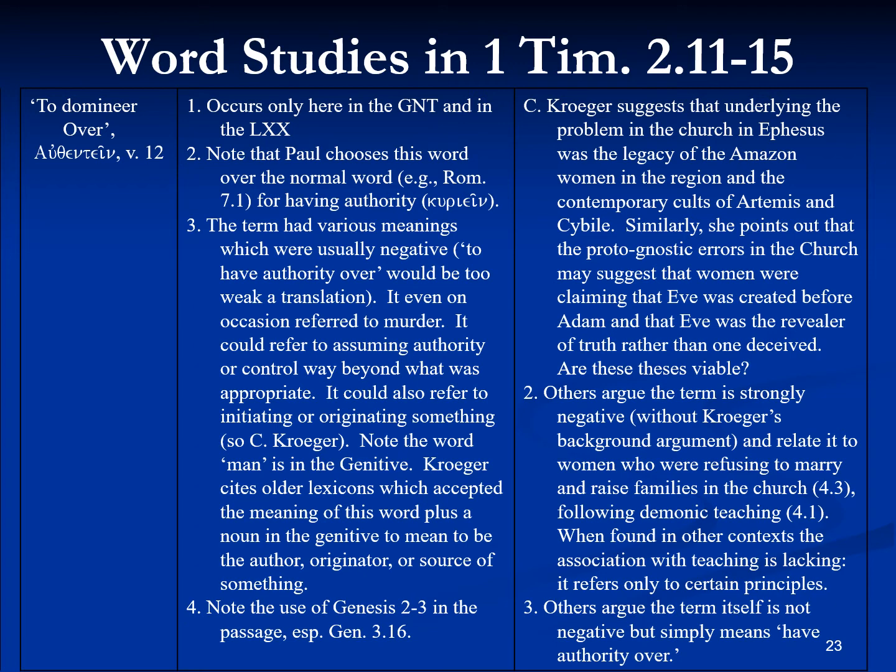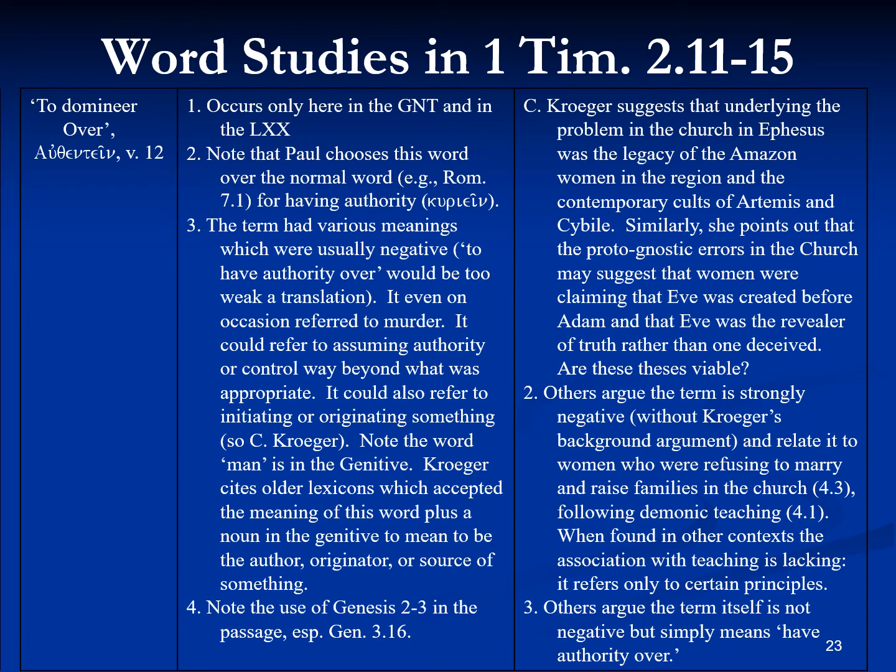Others argue the term is strongly negative without the ideas of Kroeger, and relate it to women who were refusing to marry and raise families in the church, for chapter 4, verse 3, or following demonic teaching, chapter 4, verse 1. And when found in other contexts, the association with teaching is lacking.